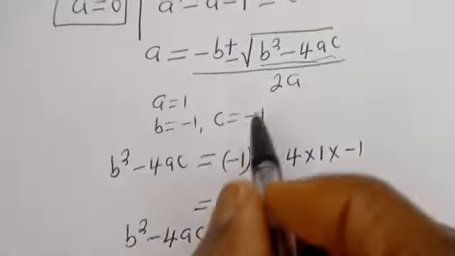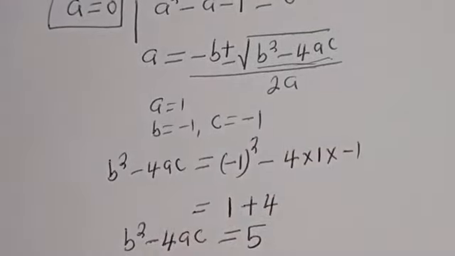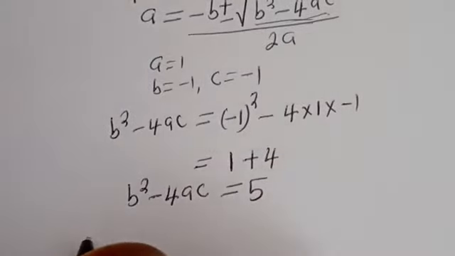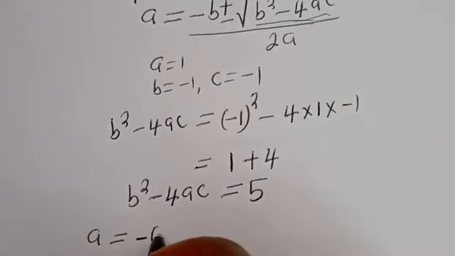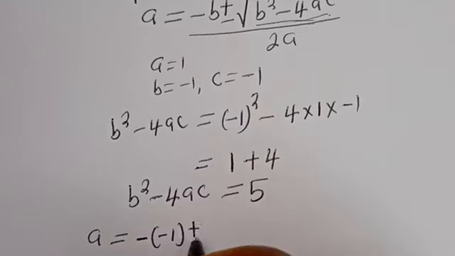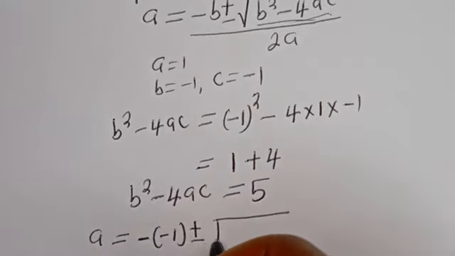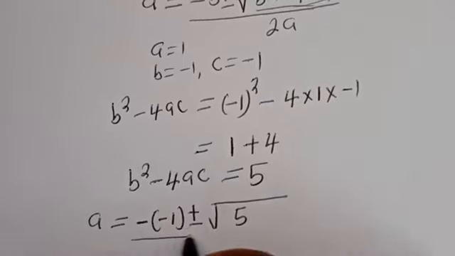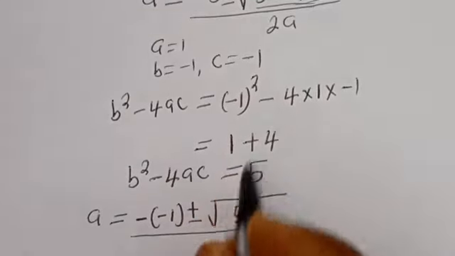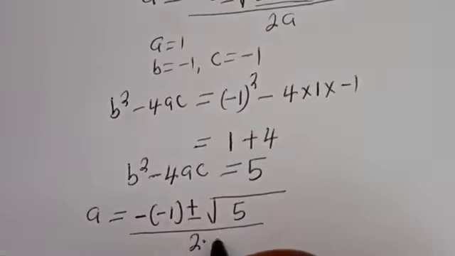Now let's plug this in here. The equation becomes a is equal to minus bracket minus 1 plus or minus square root of 5, divided by 2 multiplied by 1.